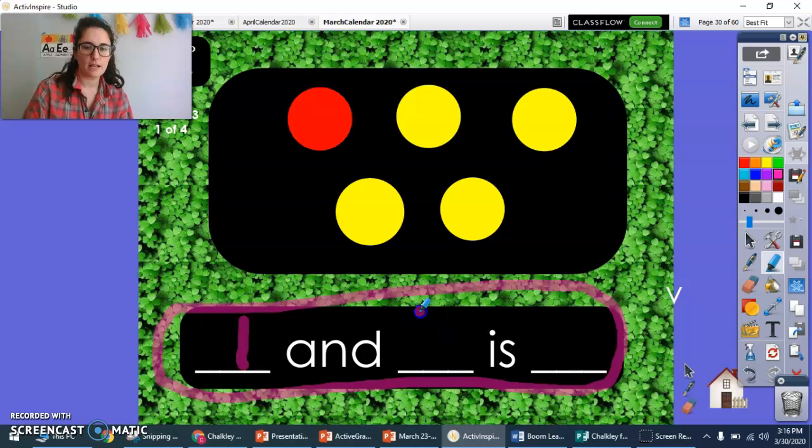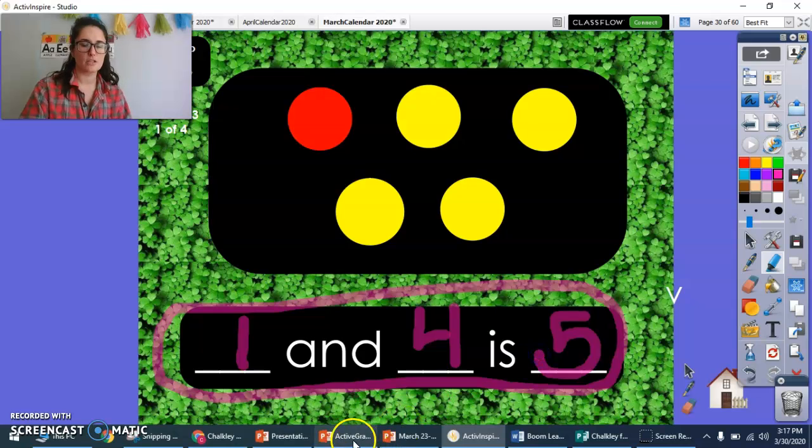And I see 4 yellow dots. I'm going to put a 4 right here. So 1 and 4 is, how many dots do I see total? 1, 2, 3, 4, 5. I see 5, so I'm going to put a 5 right here. So let's all read that sentence together. 1 and 4 is 5.